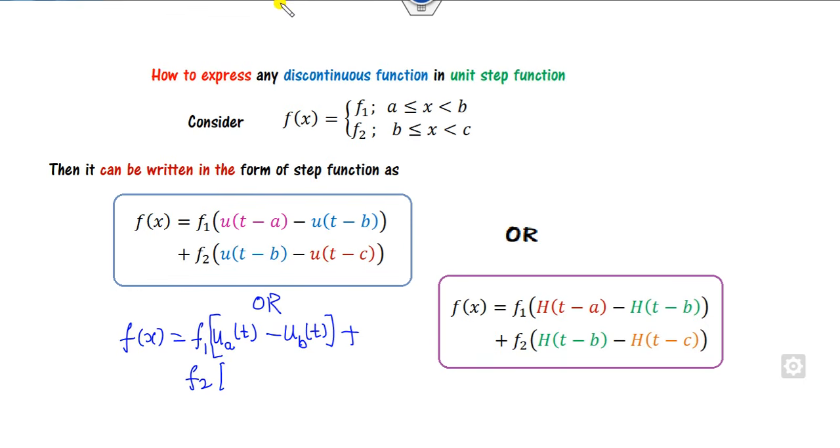Fine. Similarly, how can you find the Laplace transform of this? Always remember: Laplace of f of t into u of t minus a is always equal to e raised to power minus as, times the Laplace of f.